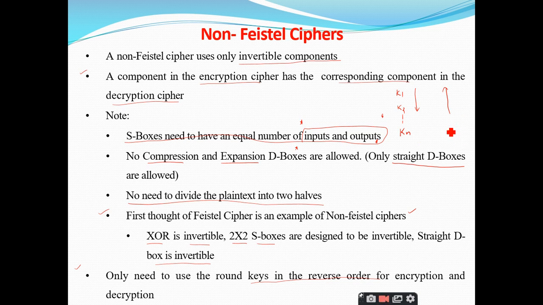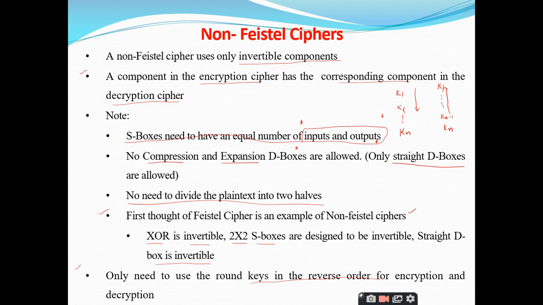On the decryption side, you have to take first Kn and then Kn minus 1, and so on down to K1. This is the only precaution you have to take, where you take the keys for every round in the reverse order for encryption and decryption. So that's all about our Feistel and non-Feistel ciphers.